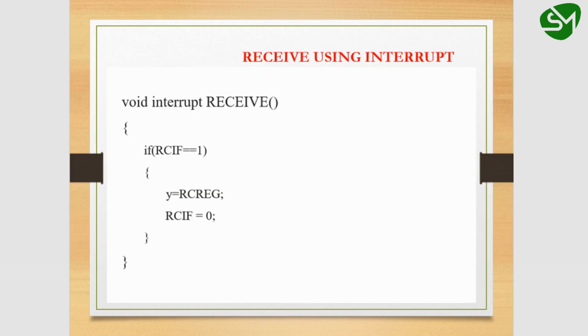So we check for the RCIF flag to be 1, and once it is 1, we enter the if condition and store the RCREG buffer value in a private variable. Once we have stored the value of the buffer, we clear the RCIF flag. This RCIF flag is available in the PIR1 register.